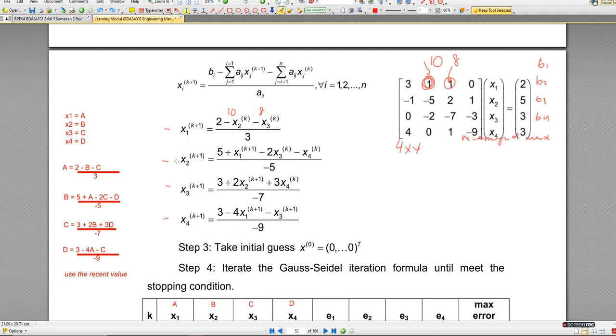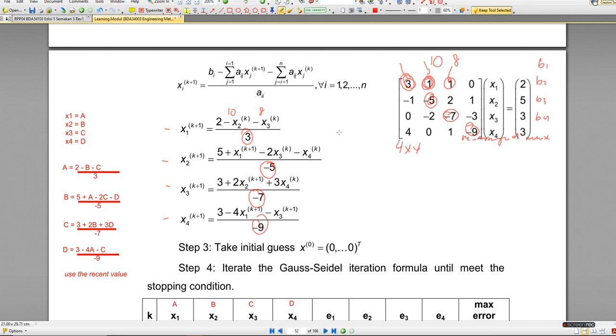Same goes to the second iteration or second element, which is x2. We are using row number 2, B is 5. 5 plus. Why plus? Because you got minus and minus and minus, you got plus. Plus x, and then minus 2. In this case, the diagonal elements, this one, this one, this one and this one, should be put in here.